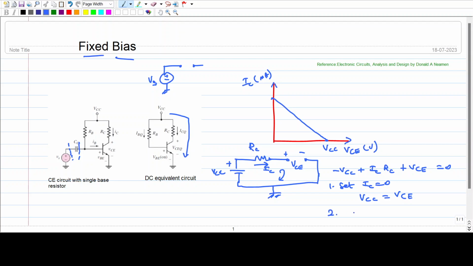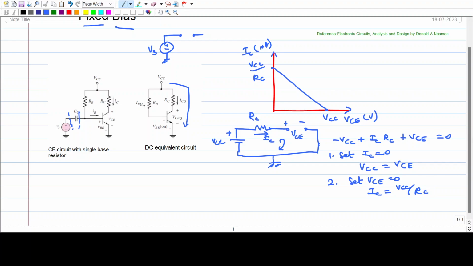Now the second point: to find the point on the y-axis, we make the x-axis value 0, so set VCE equal to 0. Then IC equals VCC by RC. So this point is VCC by RC. Now we have the endpoints of the load line.